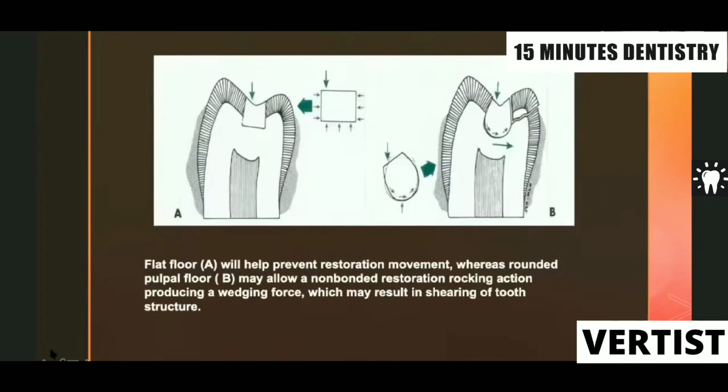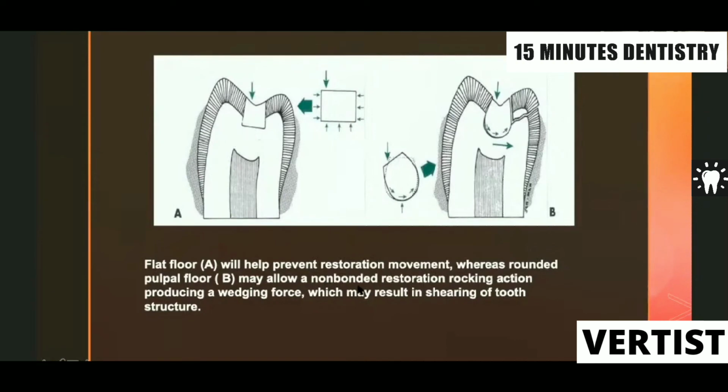So a flat floor, when you see over here, will prevent the restoration moving. There will be no movement of the restoration. But if you have a round pulpal floor, a little bit of the restoration can rock. If the restoration rocks, then it will become loose. So it is always better to have a very clean, straight, flat floor.